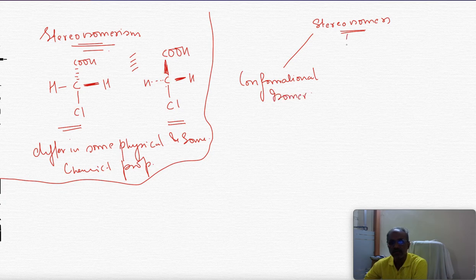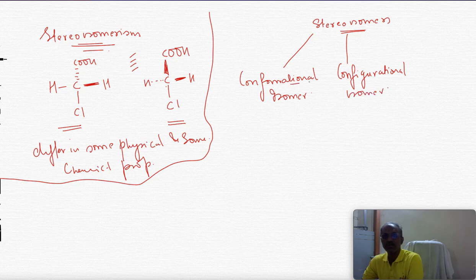Second one is configurational isomer, and the third type is known as geometrical isomers.